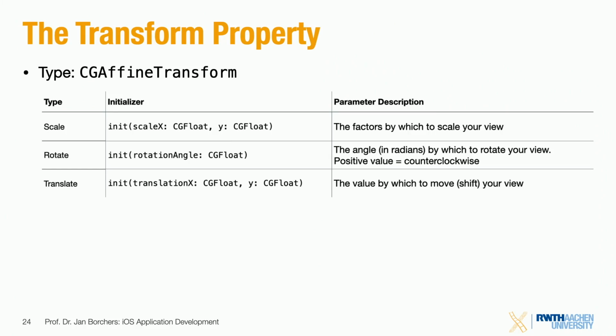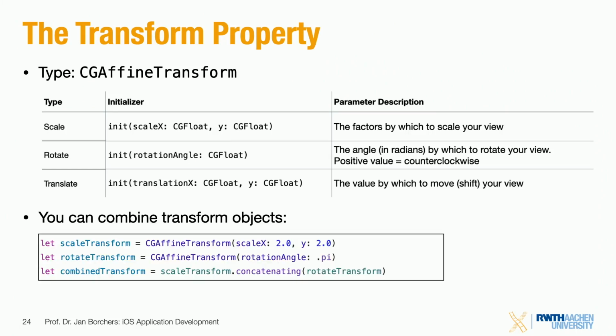You can even combine these, and that's the beauty of matrices. Remember, all that linear algebra that you did in your undergraduate studies wasn't for nothing, right? So you can have two transformation matrices, one that scales and one that rotates, and you can just concatenate them, and the resulting matrix will do both of these things at the same time in parallel to every point in the plane.